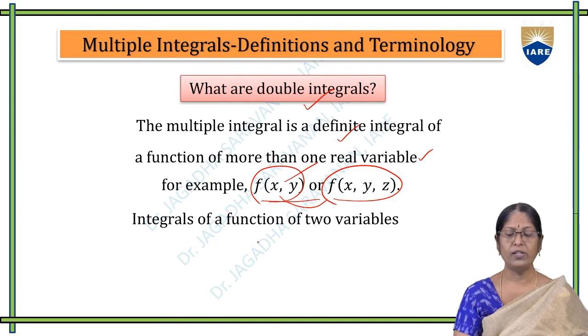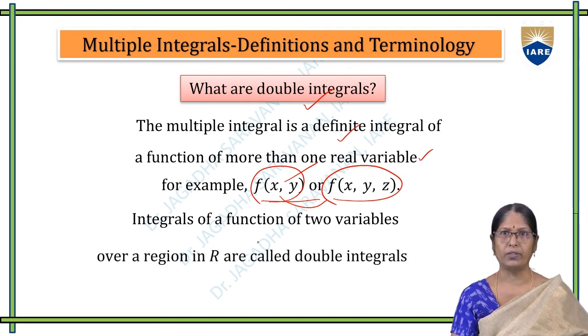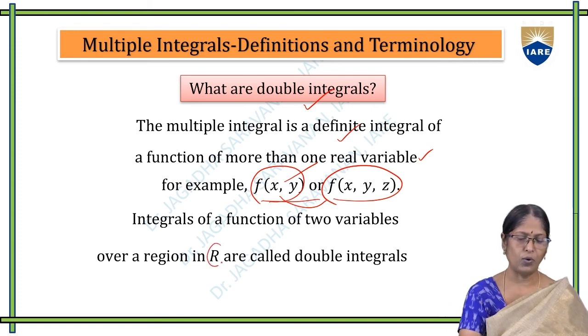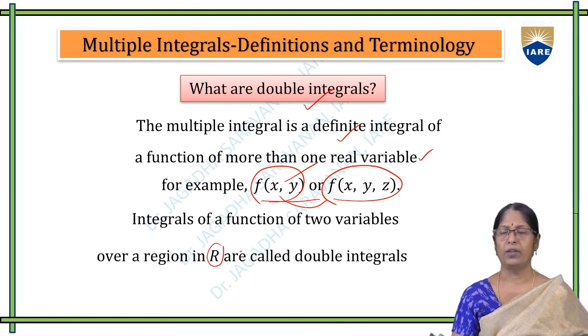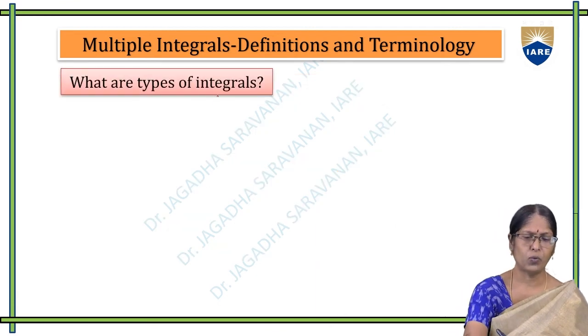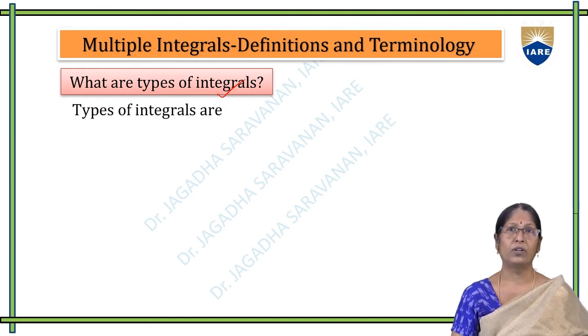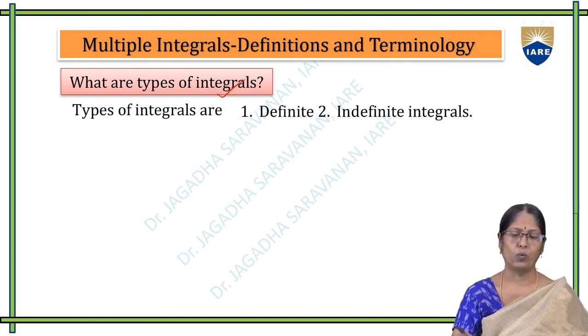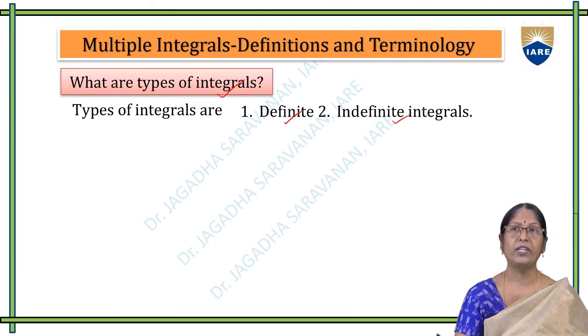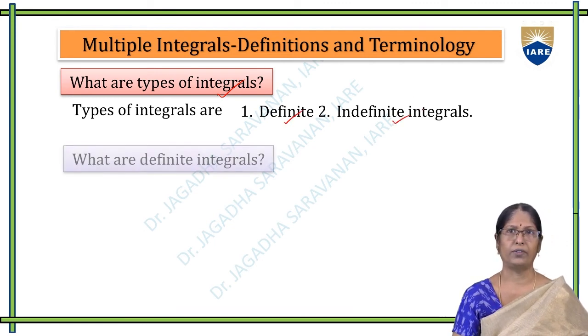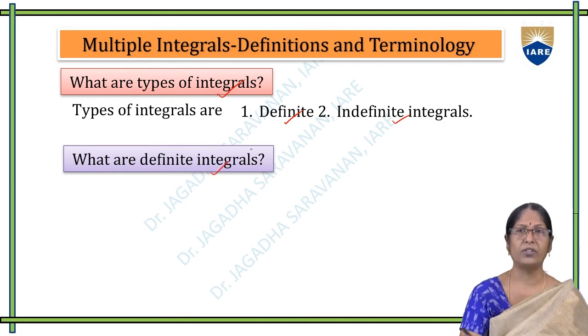Now, integrals of a function of two variables over the region in R, that is, the region given, which we denote as capital R, are called double integrals. The next question is, what are the types of integrals? There are two types of integrals. One is definite and the next one is indefinite. What are definite integrals?